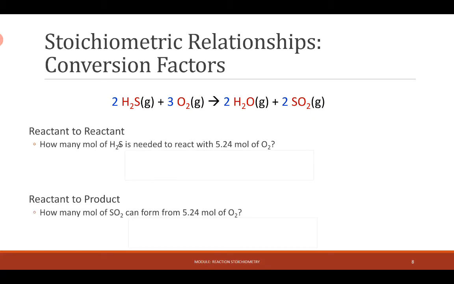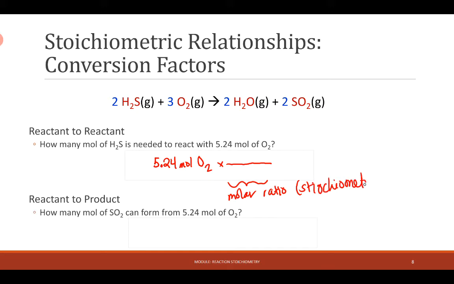For instance, it says how many moles of H2S are needed to react with 5.24 moles of O2. So if we start with our 5.24 moles of O2, then we can use our molar ratio, which is also known as our stoichiometric factor. Then we need to cancel out our moles of O2 and get into moles of H2S, because that's what we're trying to find.